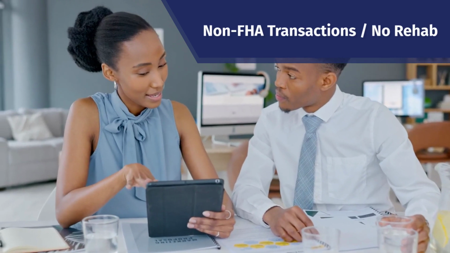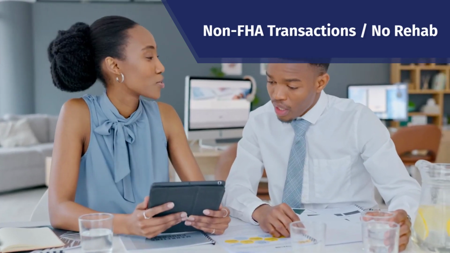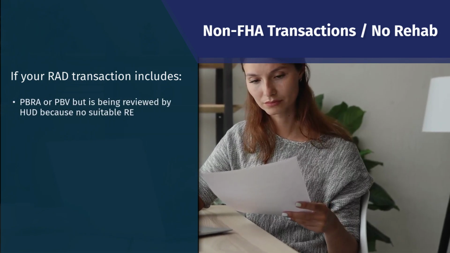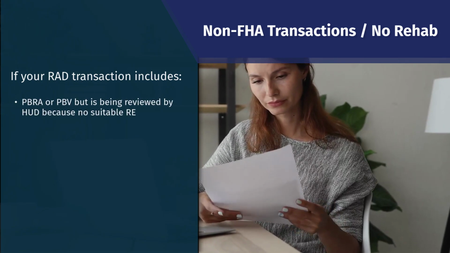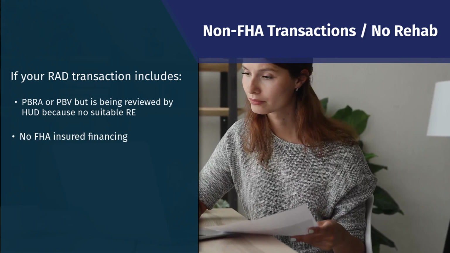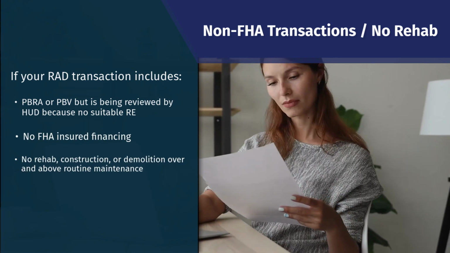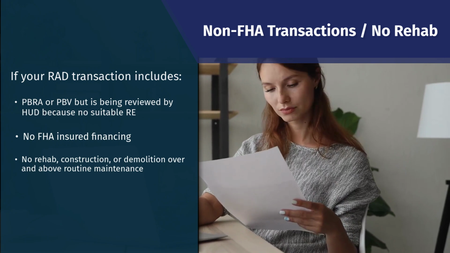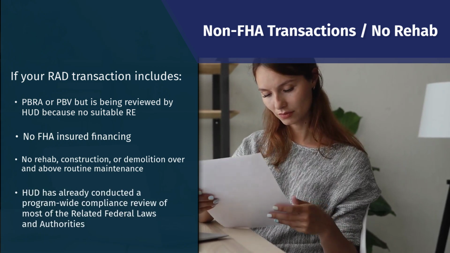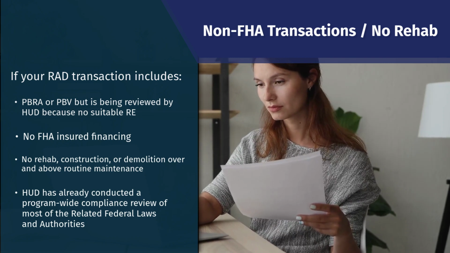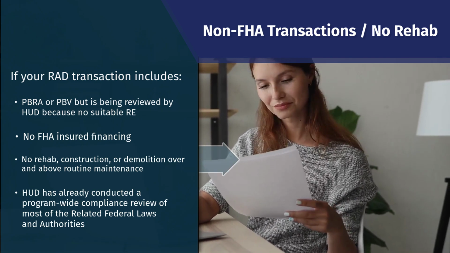Let's look at a couple of special situations. If your environmental review will be conducted by HUD under Part 50 and your proposed RAD conversion plan does not include FHA-insured financing and does not include any rehab, construction, or demolition, HUD has already conducted a program-wide review of most of the related laws and authorities.